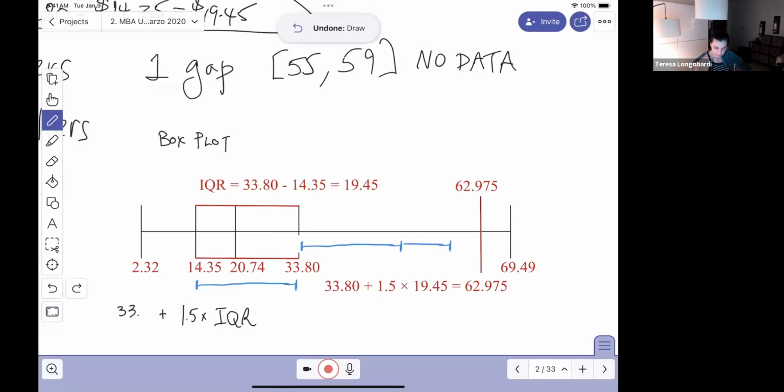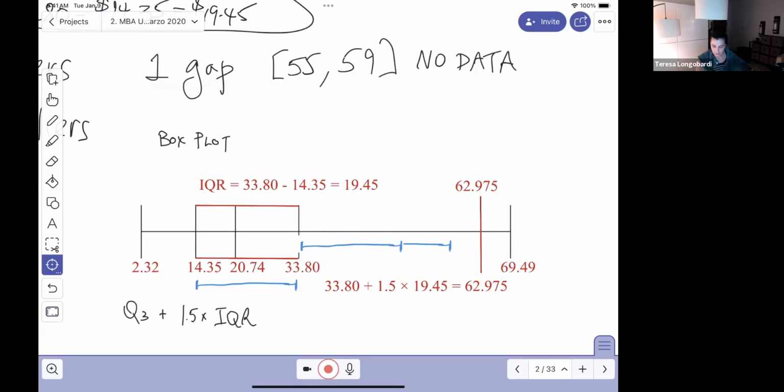Or in this case, I'm going to say Q3. That's where the long arm or whisker is, it's called the cat whisker, or the mustache. That's where the whisker is very long.